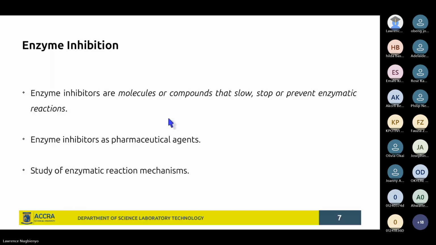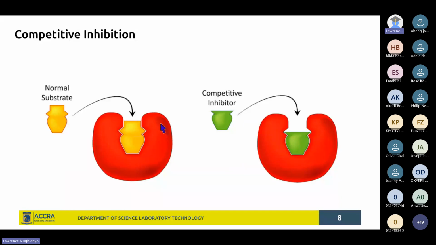And so once you know a substance that inhibits a certain enzyme, and of course that enzyme catalyzes a particular reaction, then you'll be able to make use of that inhibitor to control that particular reaction in a biological system. So let's dive in and look at different types of enzyme inhibition.